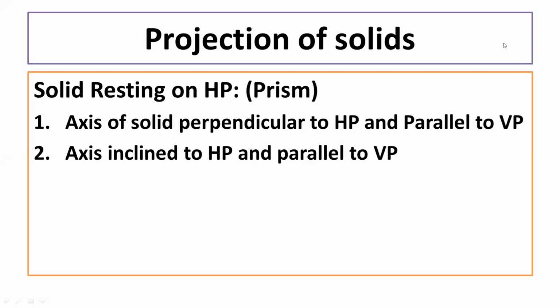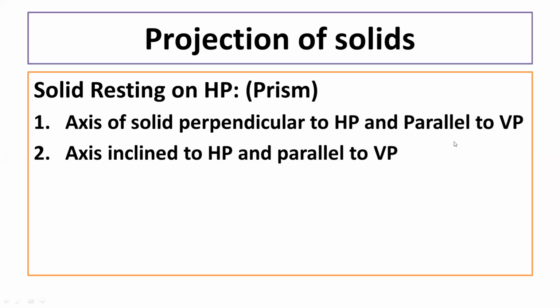During the last lecture, we started with the projection of solids, and we have seen the basic case where the solid is resting on the HP. That solid was a prism, and we have seen two cases for the prism. In the first case, the axis of the solid is perpendicular to the HP and parallel to the VP.